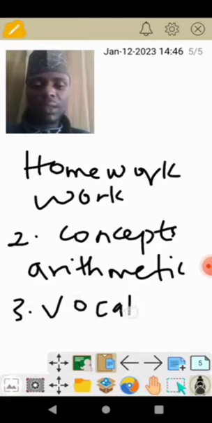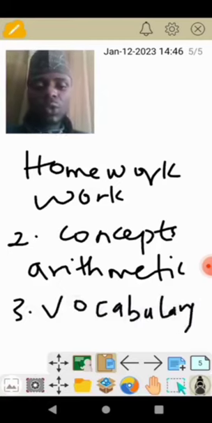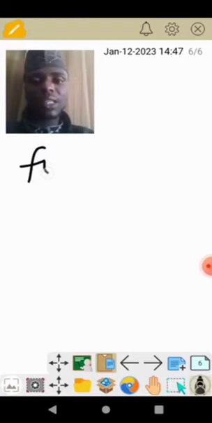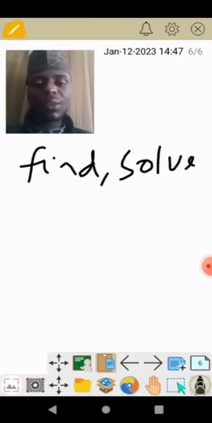Mathematics vocabulary. Here we mean that mathematics has some words that are used within its concepts. There are some words used in the English language, and some words that are English but are used only within mathematics. So you will have to know what they mean. For example, these words are very common: find the value of x, solve for x. You see, solve is mainly found in mathematics.